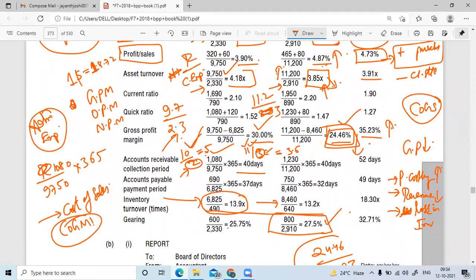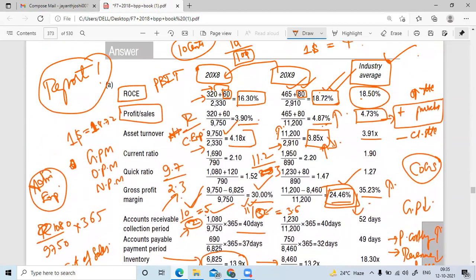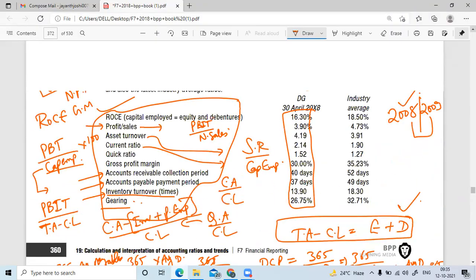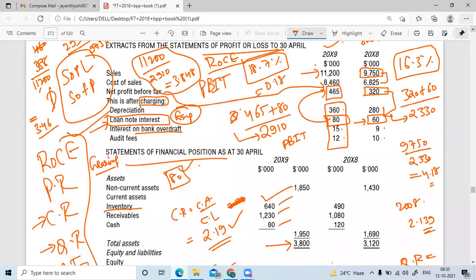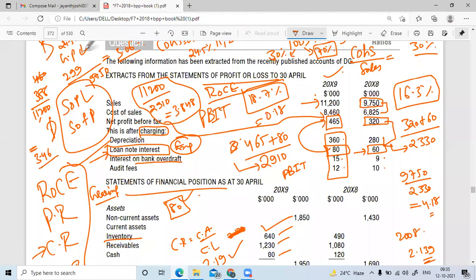We were discussing something, na? Yes, we were discussing asset turnover. So with asset turnover, what we are seeing here is the capital employed: net revenue by capital employed, debt and equity.